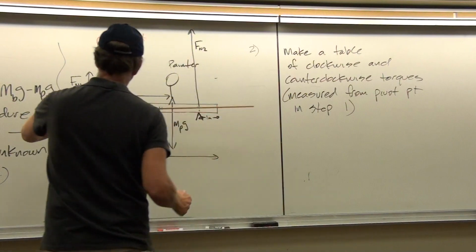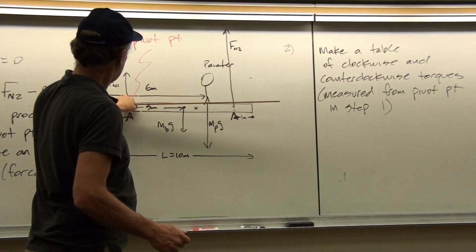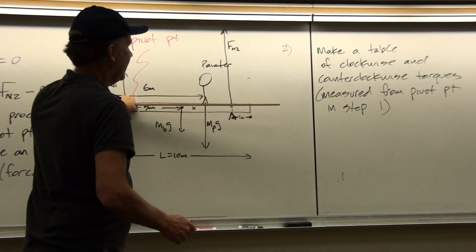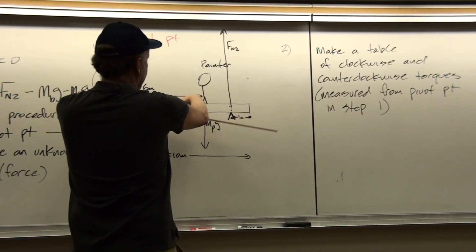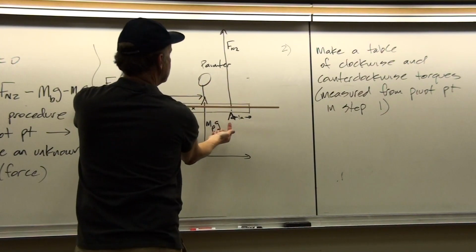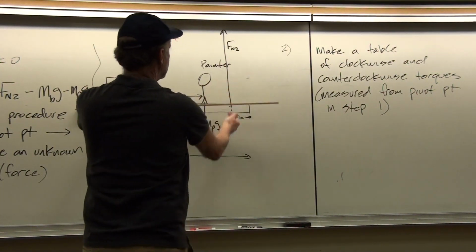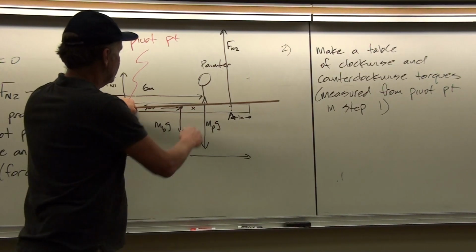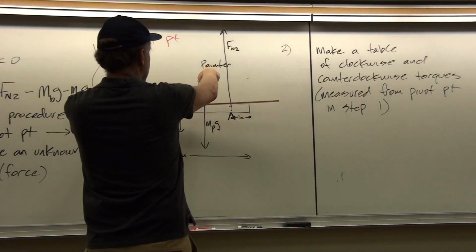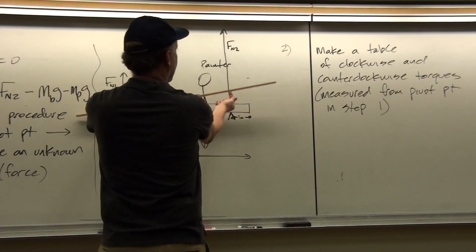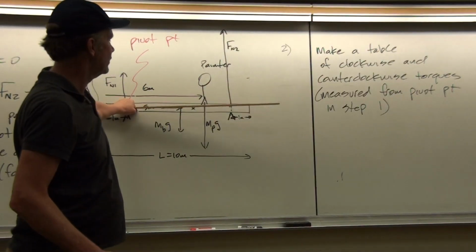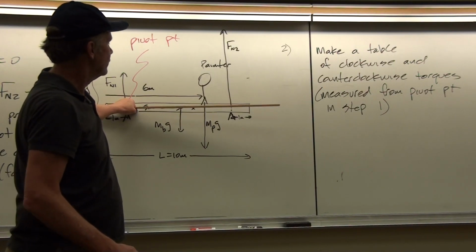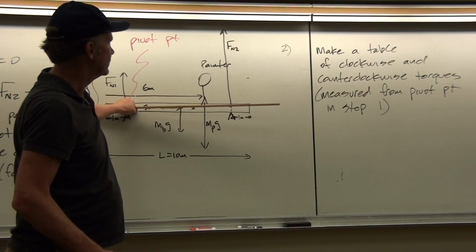So what I'm going to do then is put my pivot point here at the location of F normal 1, and now I'm going to see which direction the system moves as I apply each of these forces about that pivot point. Okay, and so what I'm seeing here then is that I get a clockwise and a counterclockwise rotation by separately applying each force through a different radius vector.